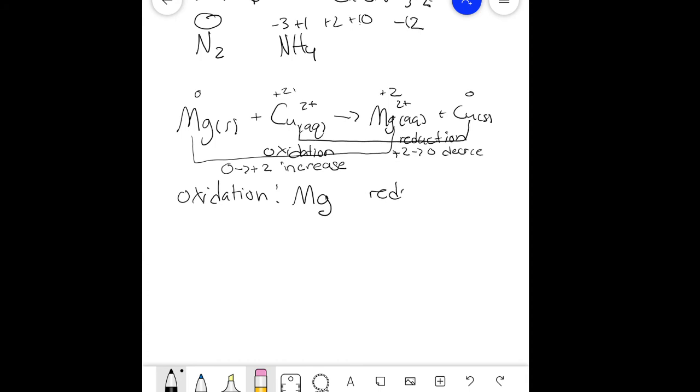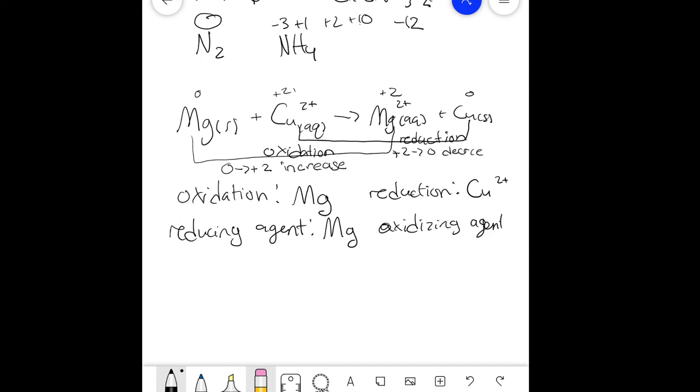And then if it asks what did reduction, you would say Cu2+. If there's coefficients, you don't need those. States don't matter, but you do need that ion. And then if it asked for, say, the reducing agent, you just know that's the one that underwent oxidation. It's the opposite of its name. It's going to be magnesium. And then the oxidizing agent would be copper, because that's the one that underwent reduction.